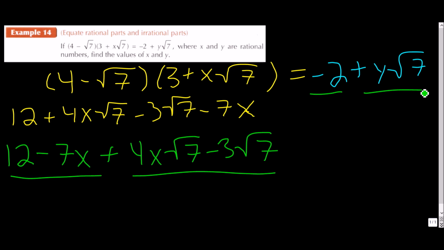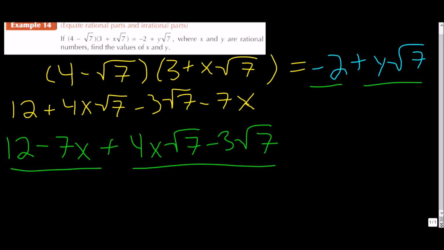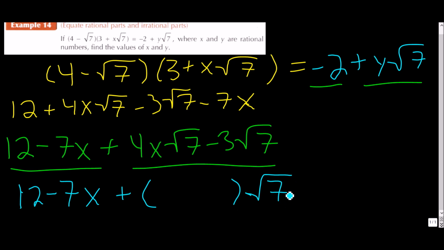We can do that pretty easily if we factor and we think about how we factor things. So this can stay as 12 minus 7x. On this side, we want to try to factor. I'm going to leave the square root of 7 out to the back end. Now normally I factor out to the front, but if we look at our example, we're dealing with it factored out to the back side.